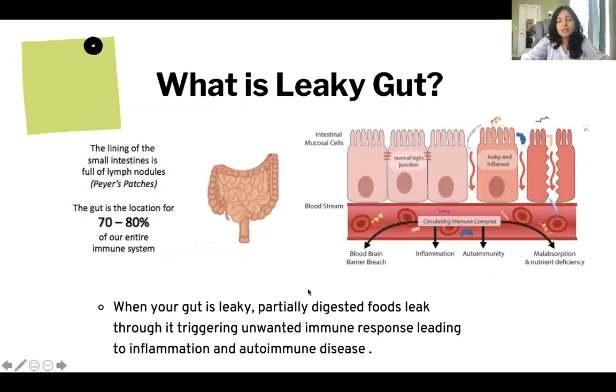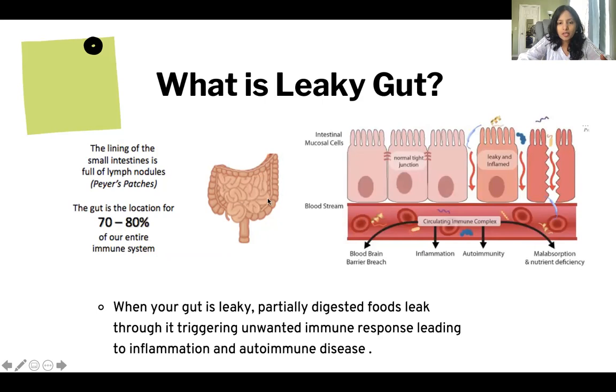So this is leaky gut, and I want to spend a little time talking about what leaky gut is. The immune system imbalance that happens, basically the prerequisite for those immune system reactions, is a leaky gut. So our intestine, this is basically our digestive system.